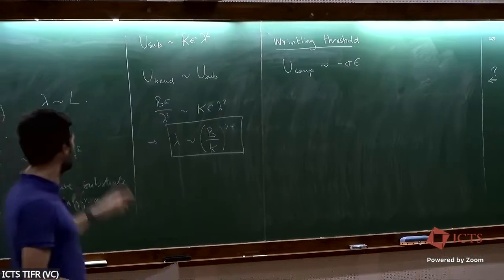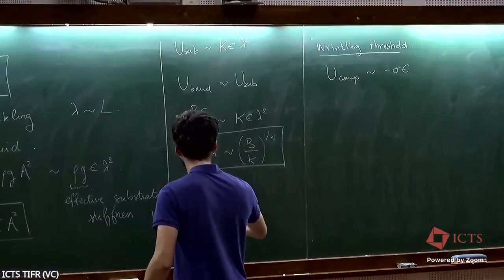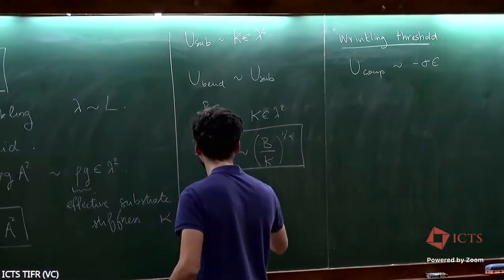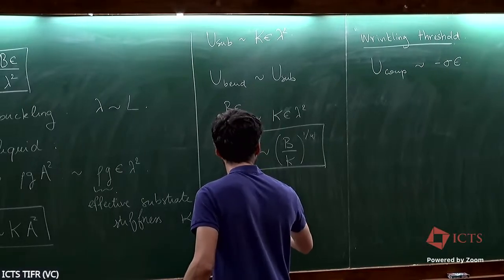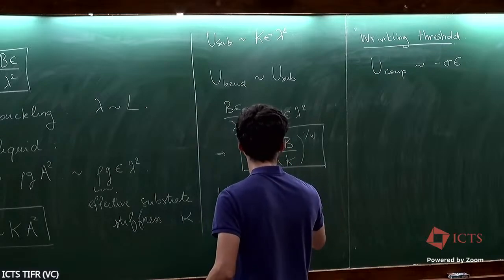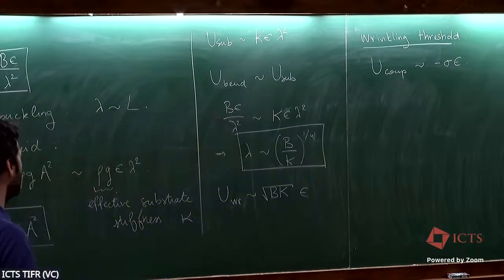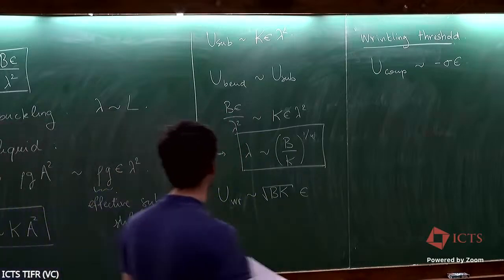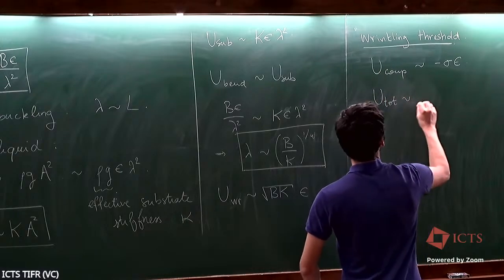But then if sigma... the final energy here, for the wrinkle, will be, if you replace, square root of BK epsilon, now that you have solved for lambda. And so here you will have U total, which will be the sum of the two.